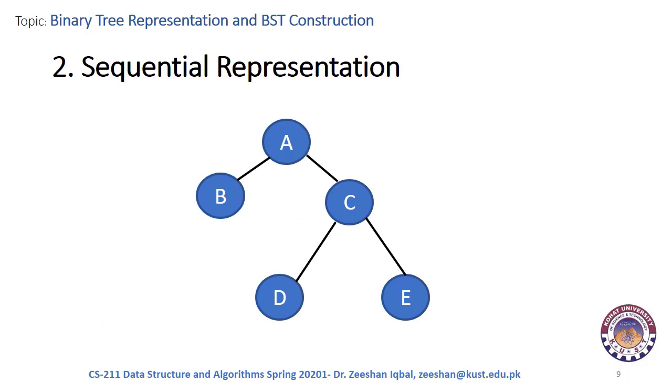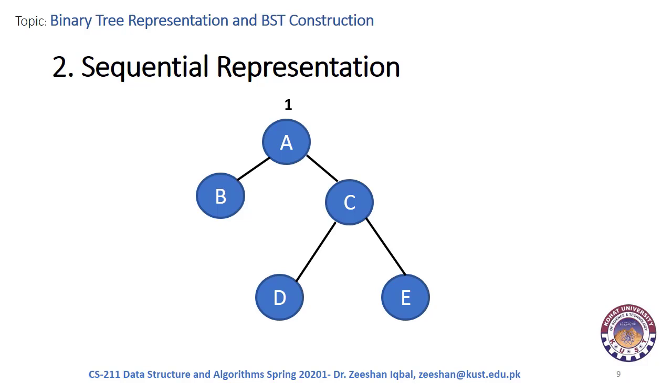Consider this example for storing this binary tree into an array. We have 5 nodes in the tree. We will start by saving the first node at the first index of the array. So A will be stored in the first index of the array.